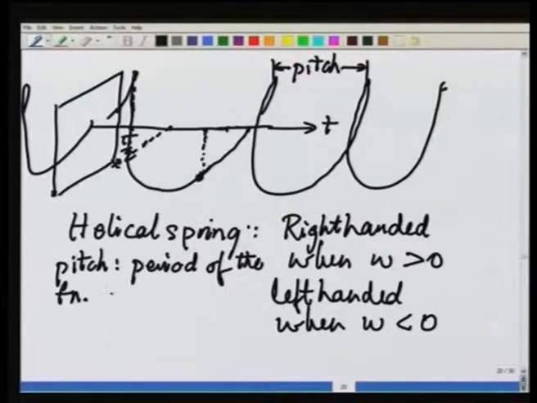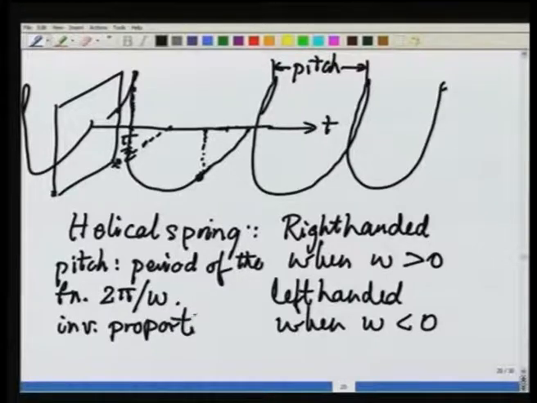In this case, the period is 2 pi for what we have drawn, omega equal to 1. For omega not equal to 1, the period is 2 pi by omega, and hence the pitch is inversely proportional to omega.